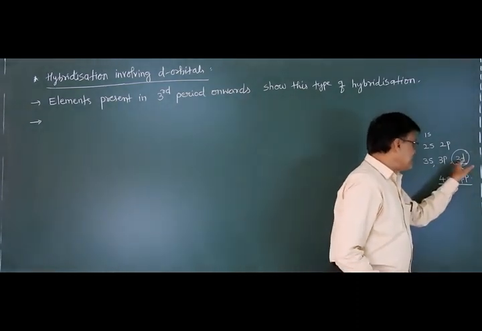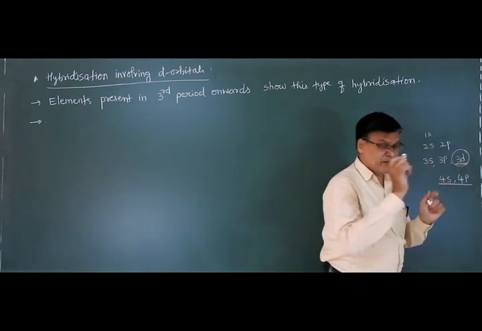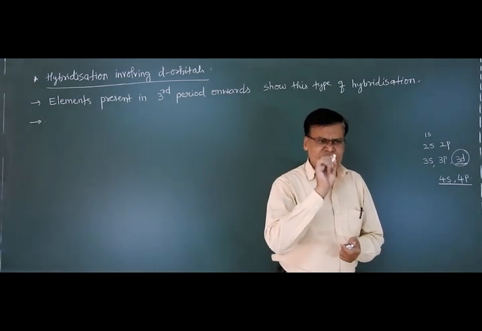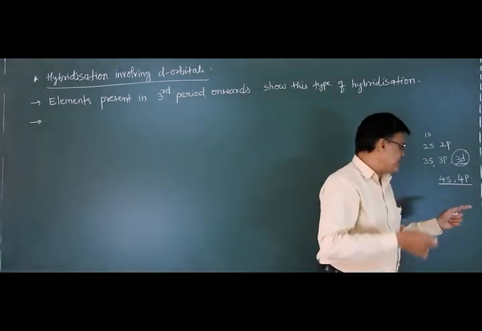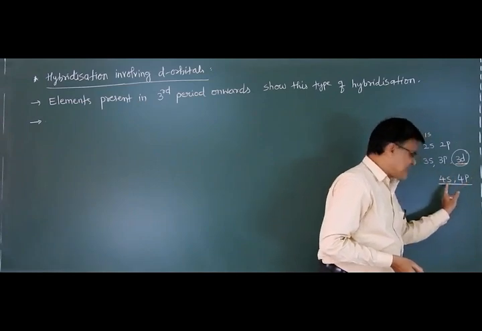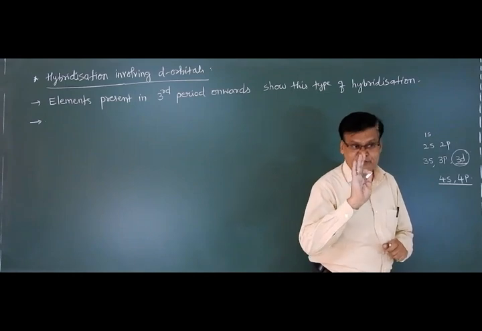Because the energy difference is not much between 3d and 4s orbitals. Remember, in d block elements, in most of the elements, electrons from 3d orbitals as well as 4s orbitals take part in bond formation. This is very important, you should remember.